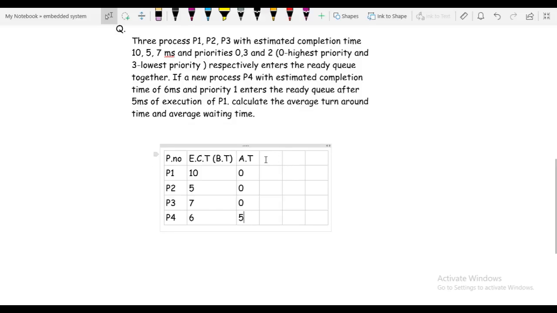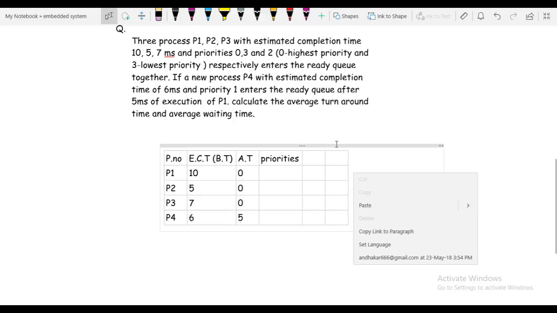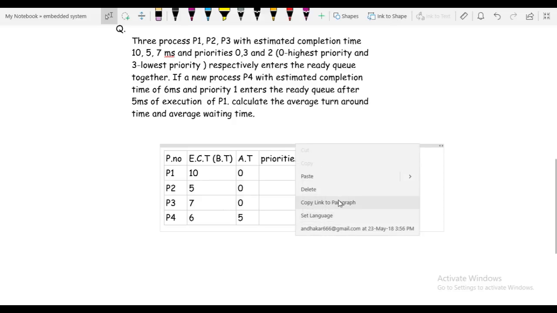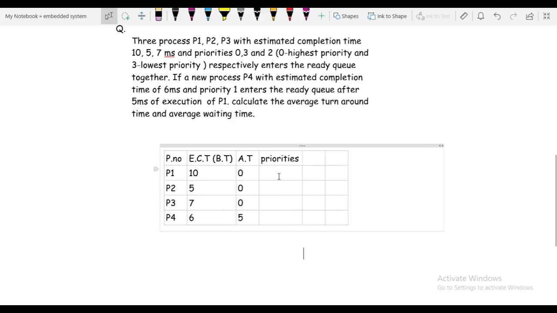Okay, now the priorities are 0, 3, 2 and 1, right?